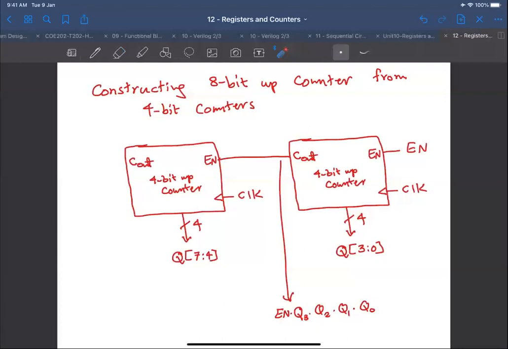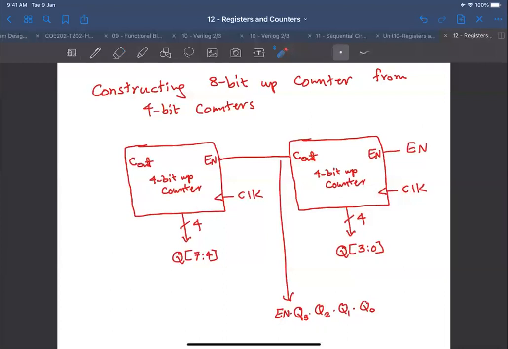So here we have a 4-bit counter with enable and with carry out functionality that tells us whether we have reached the maximum potential of the counter or not, in addition to the enable being enabled. And it has an output of 4 bits here.